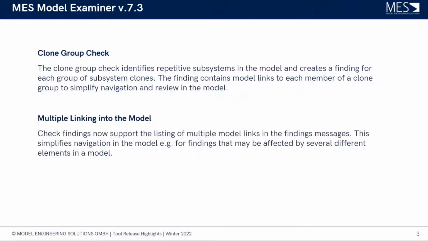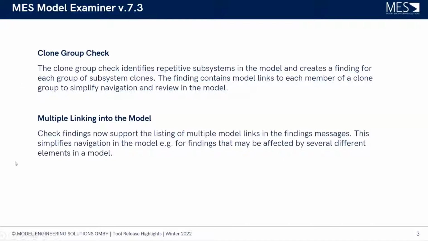In combination with this check, we also have an update into how findings are shown with regard to links into the model. As you know, the findings can jump into the model. Now in one findings message, we can have multiple links into the model. This is especially interesting for the clone group check, of course, because clones naturally may occur more than once.